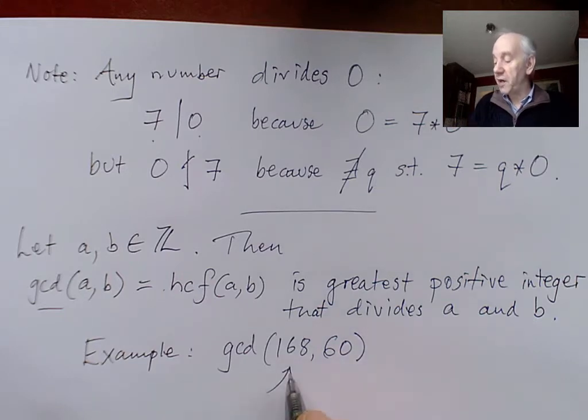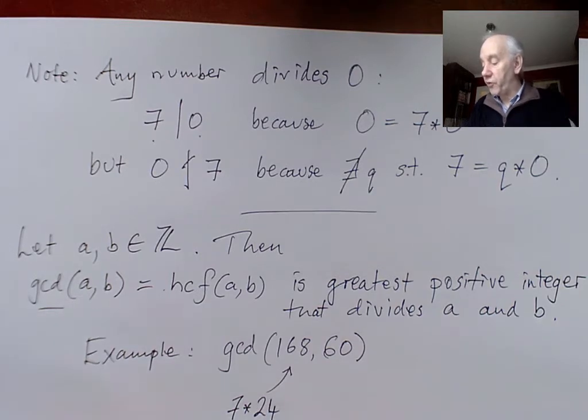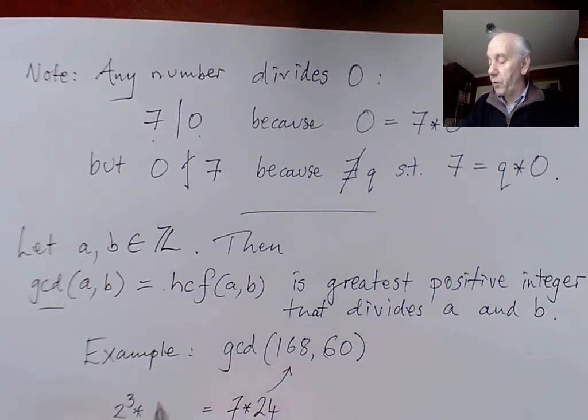So 168 is divisible by 7. It's 7 times 24, which is 2 to the 3 times 3, times 7.